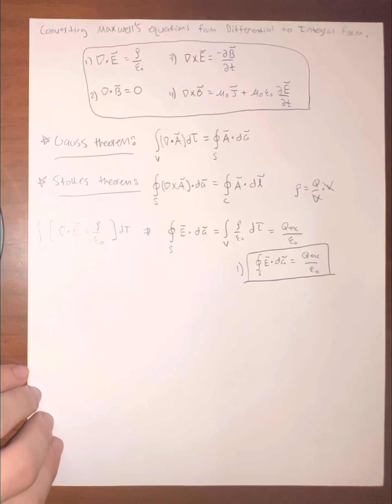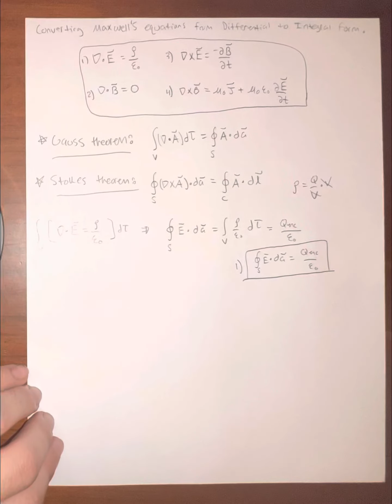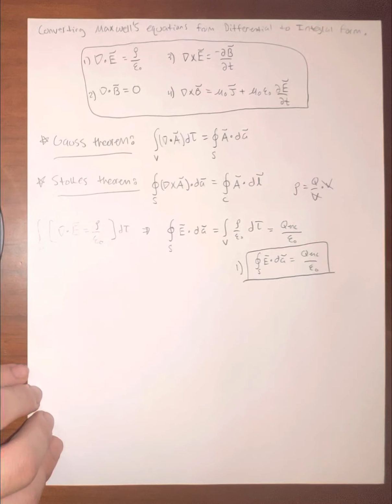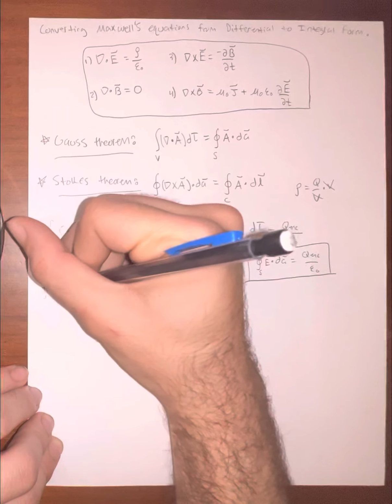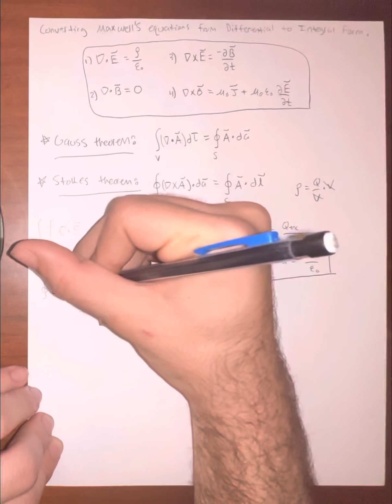So for 2, pretty simple for the magnetic field, since it's 0 for the divergence, then its surface integral is also 0.